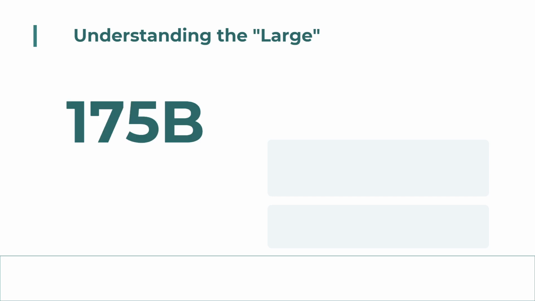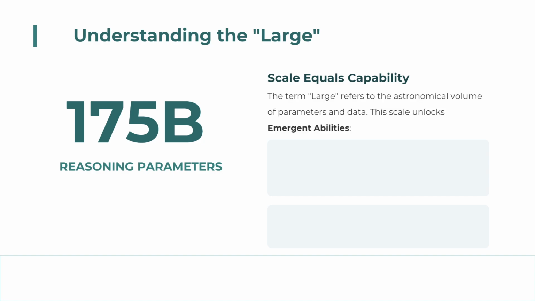All right, so we'll move to the next, understanding the large. You might ask, why do we call them large language models? The scale is truly astronomical, if I would say. For example, GPT-3 was built on roughly 175 billion parameters.